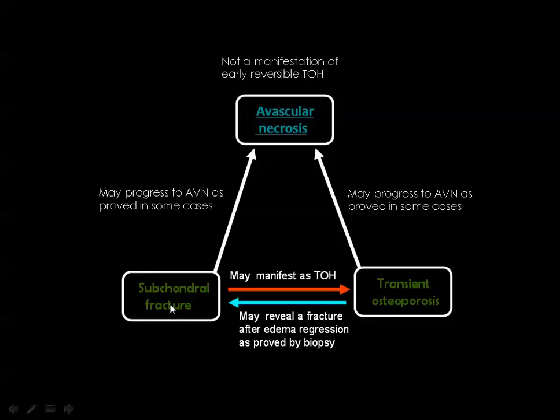Also, the subchondral fracture, if it does not heal, may progress to avascular necrosis. And there is a good overlap between these two. You can miss subchondral fracture and diagnose it as a transient osteoporosis if you could not appreciate the fracture line and you see only bone marrow edema surrounding the fracture.